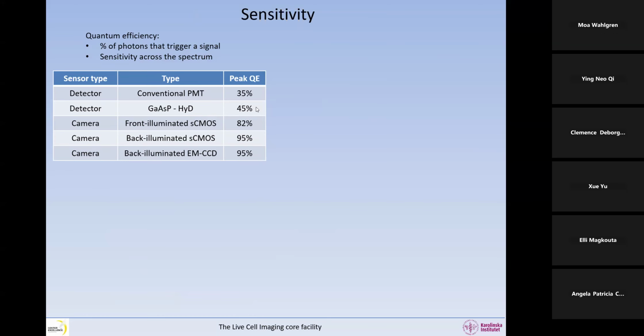So more than half of the photons are not detected. And that is the maximum quantum efficiency. So we will see. In cameras, however, you can see that this number is much higher. So in the most advanced cameras that we have nowadays, the back illuminated sCMOS, 95% quantum efficiency means almost all the incoming photons are actually detected.